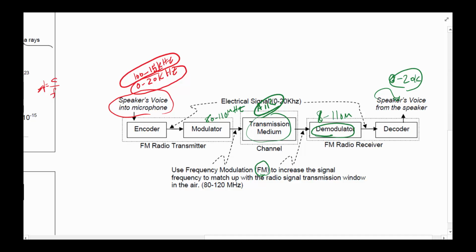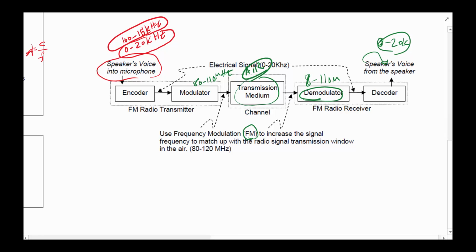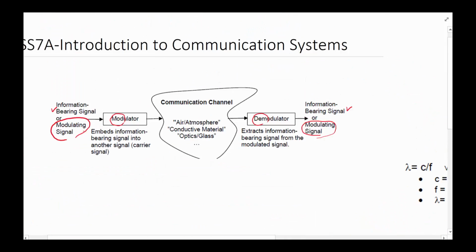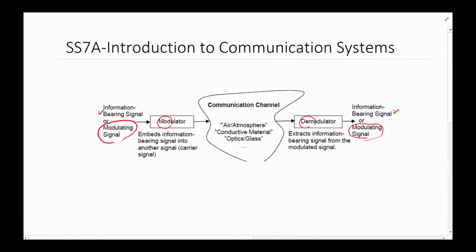The rest of this conversation related to communication will be about different schemes like frequency modulation, FM, and amplitude modulation, AM, how we do the modulations and demodulations, and all of that. That brings us to the end of the introduction part of the communication systems.